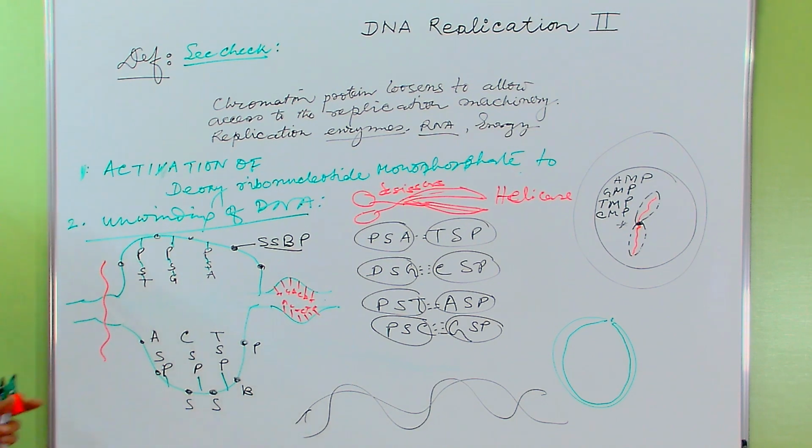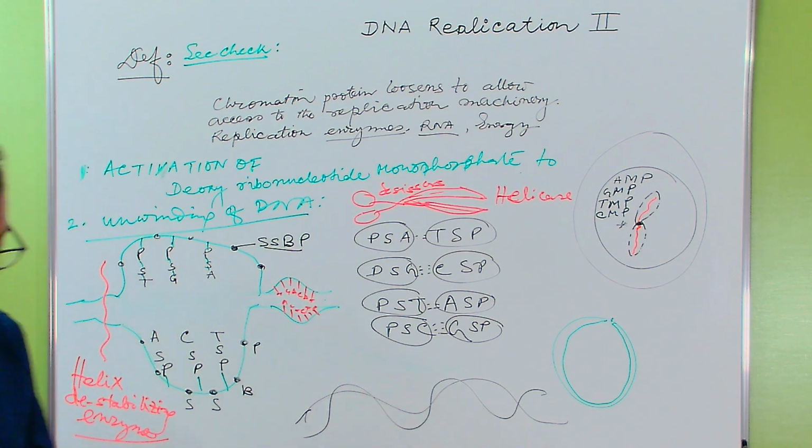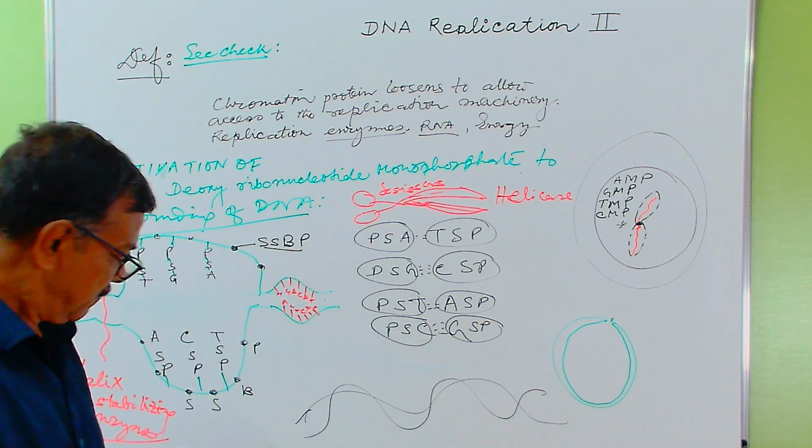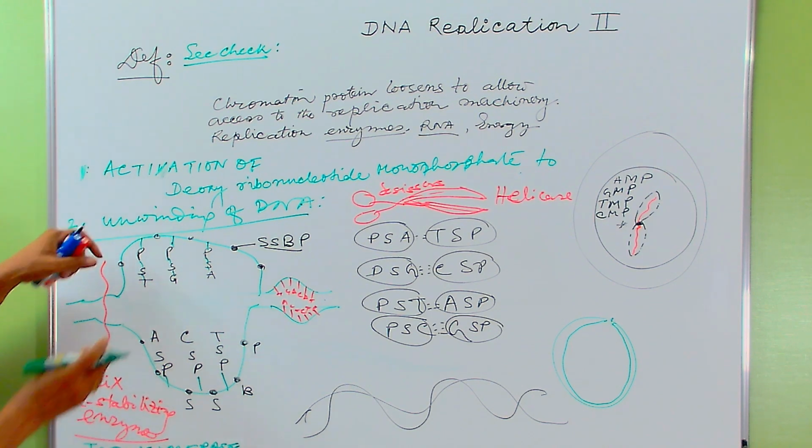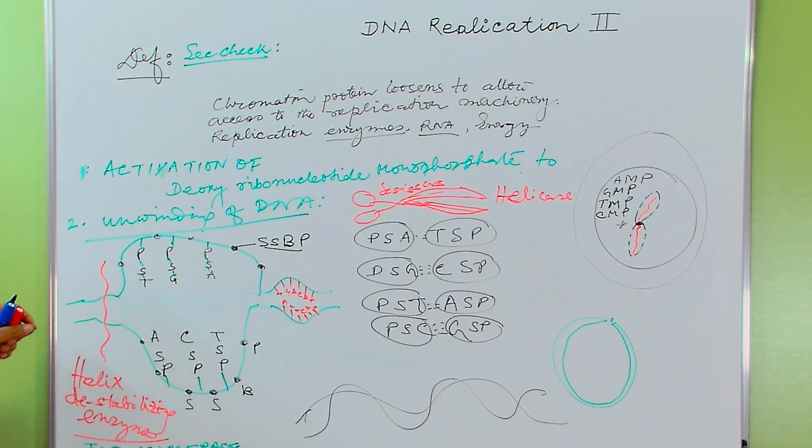These are known as topoisomerase. With the help of the helix destabilizing enzyme, what are we doing?